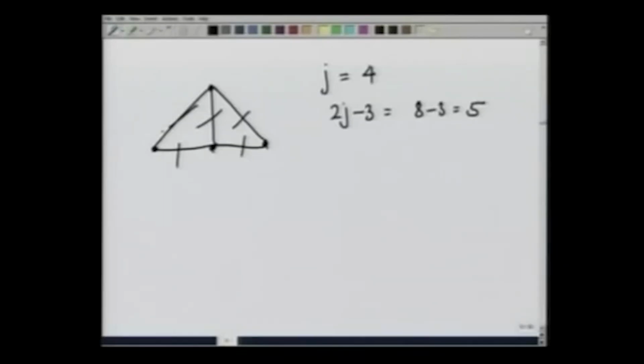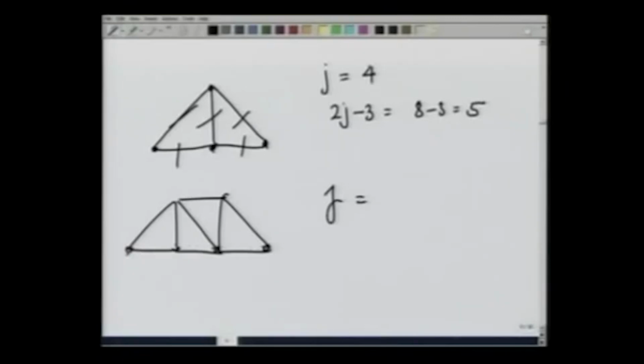This is a statically determinate structure. The other structure that I made was like this. The number of joints here is equal to 1, 2, 3, 4, 5, 6, and therefore 2j minus 3 is equal to 9, and I have 1, 2, 3, 4, 5, 6, 7, 8, 9 members. So, this is also a statically determinate structure.